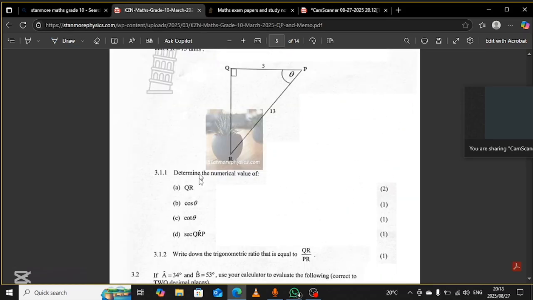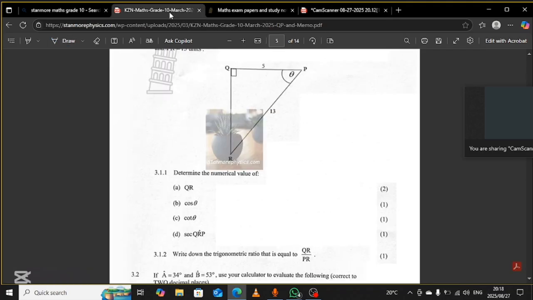And then secant of angle Q, RP. So this angle here, 13 over 12. So this one is wrong. Sec, what is sec? Sec is 1 over cos, right?